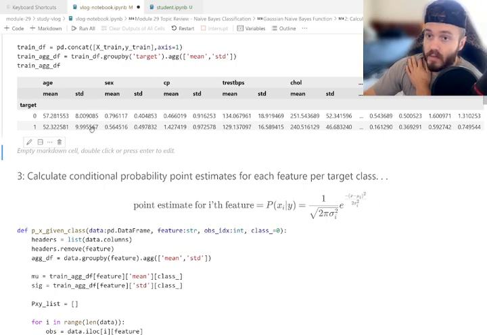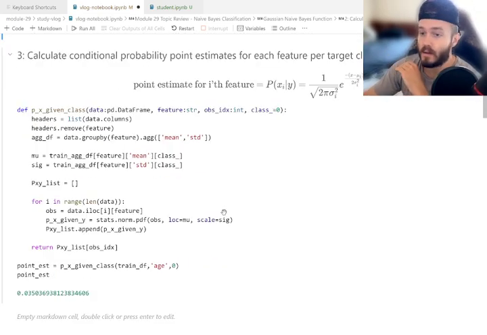So we do that for age using our target class of 0 for our y, and then we do that again using 1 for our target class. So you use your mean and standard deviation of each class for this formula, and you do that for each feature for each class that you're trying to predict. That's a lot in English. It's much more elegant in code.